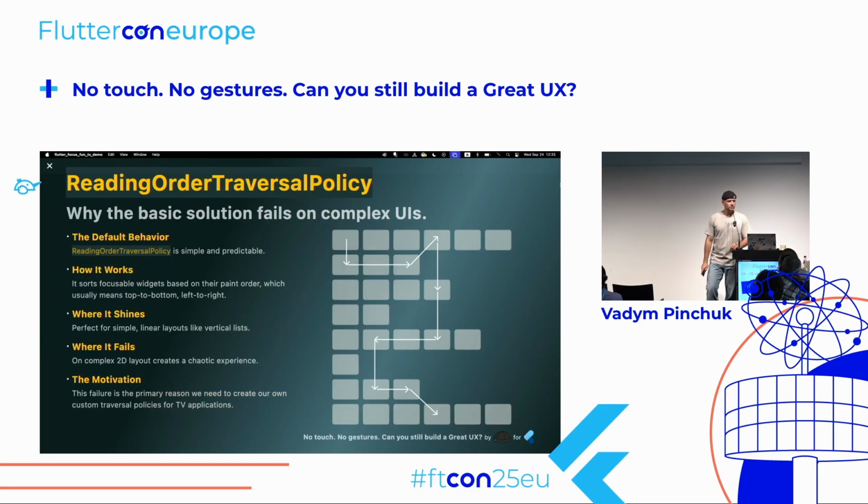Default reading order traversal policy, that's what we've seen in the beginning, so I was jumping over. I've displayed arrows here. So this is kind of the way to navigate. And you can't be sure which way it will go. It will go up or down. It might be remembered. It won't go up anymore because it was there, but it will go down. The thing is, the standard traversal policy reading order is from top to bottom, from left to right.